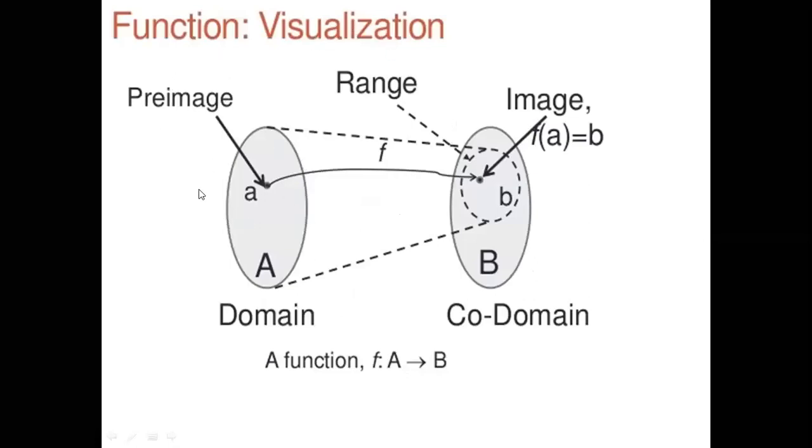Again, this is domain, this is codomain, and this is the pre-image and this is the image, and here a term you can see, range. What is the range? We can say range is the subset of codomain, because whichever elements we cover in the relation, those elements of B will come inside the range.